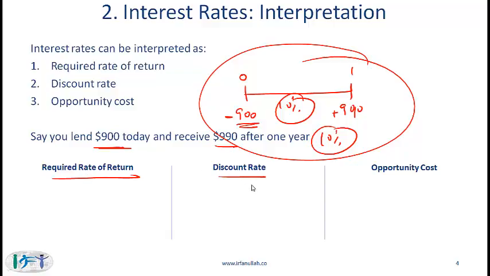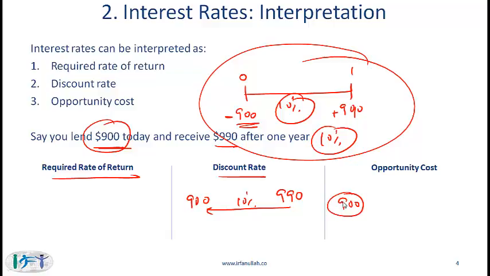Discount rate is also straightforward, and we'll cover it briefly here and in a lot more detail later. But if you think of the money that you are getting after 1 year, which is 990, you can discount 990 at 10% to get the present value of 900, and therefore the 10% can also be thought of as a discount rate. And finally, opportunity cost. Let's say that you had taken the $900 and spent it on something else.